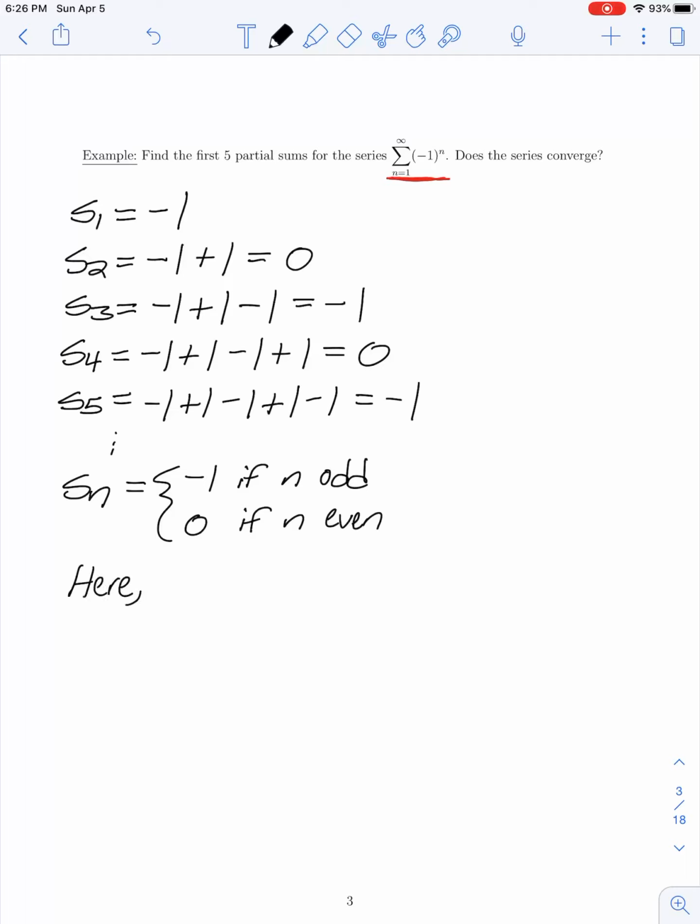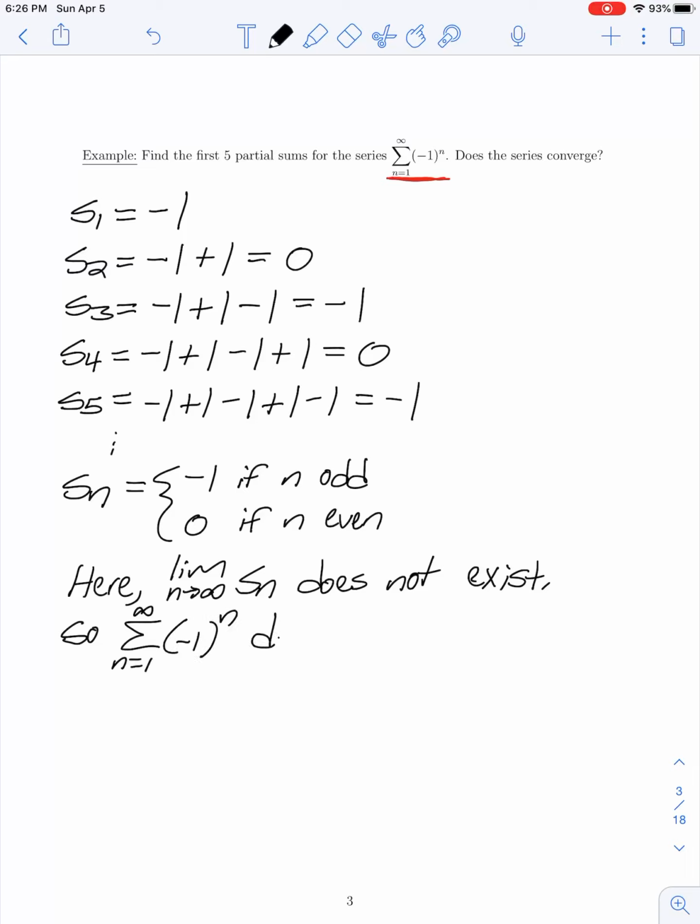So in this example, we can say the limit as n approaches infinity of s sub n does not exist. So the series that we were given from n equals 1 to infinity of -1 to the n diverges, since our sequence of partial sums was not convergent.